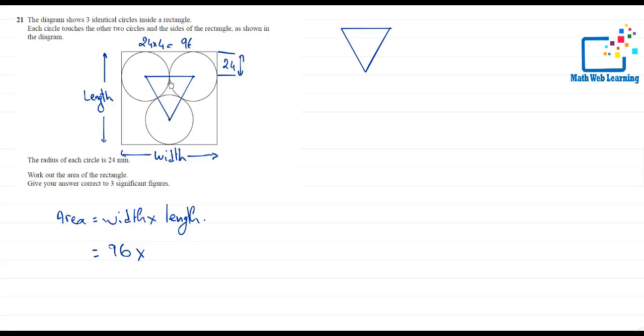If I draw a straight line, that one we'll call H. So we need to add that height, or H. And we've got finally this radius there, which is 24 basically.